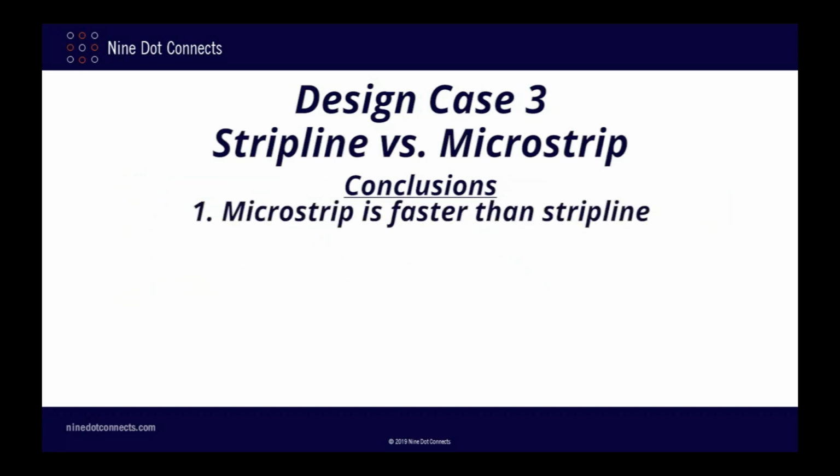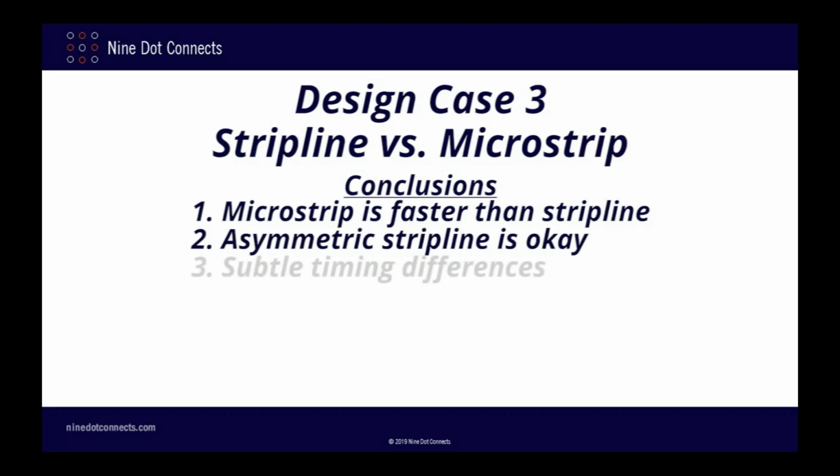We proved that signals propagate faster on microstrips than they do on strip lines, and by an amount that might end up being serious depending on the overall timing budget. We also learned that the signal integrity effects of using asymmetric strip lines is not that much different from that of symmetric strip lines. Thus, there is no compelling case not to use them unless you are doing cutting-edge, high-speed designs above 2 gigahertz and need to have the symmetric strip lines.